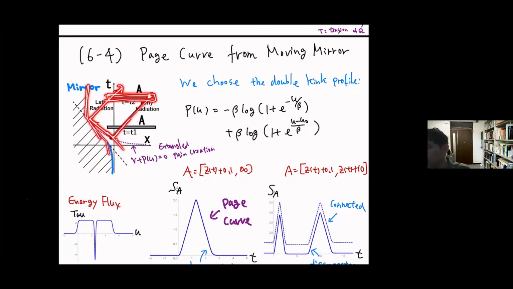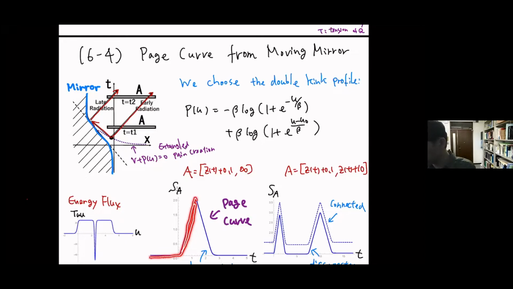So this is a kind of early radiation, but late radiation also comes back later. So both of them pass through A, and then there is no entanglement. We are talking about the entanglement between region A and the outside, but if these two are entangled and both are in region A, there is no entanglement. So in the end, the entanglement decreases.